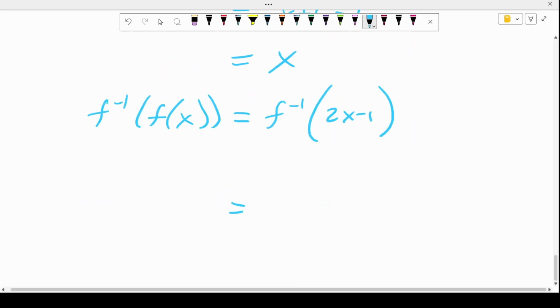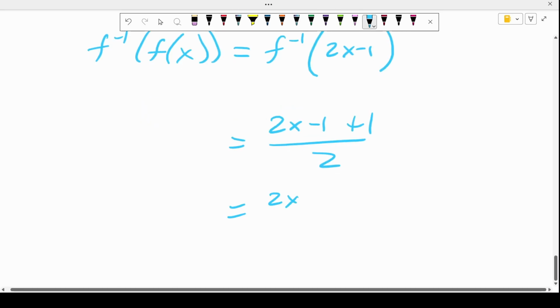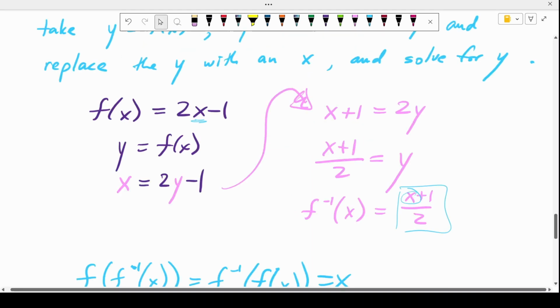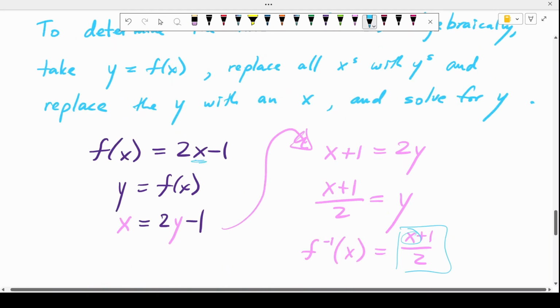So I take my argument, 2x minus 1, add 1 to it and divide by 2. That works out to 2x over 2. That is also x. So we've just verified that yes, in fact, switching the x's and the y's, as we often say, or replacing all x's with y's and replacing the y with an x and solving for y does in fact give us the inverse.